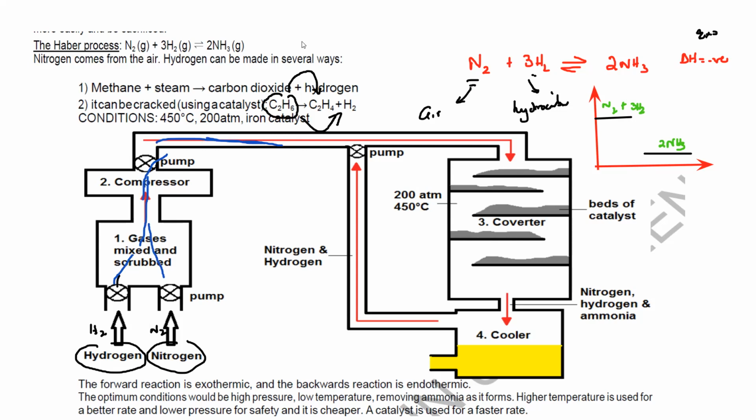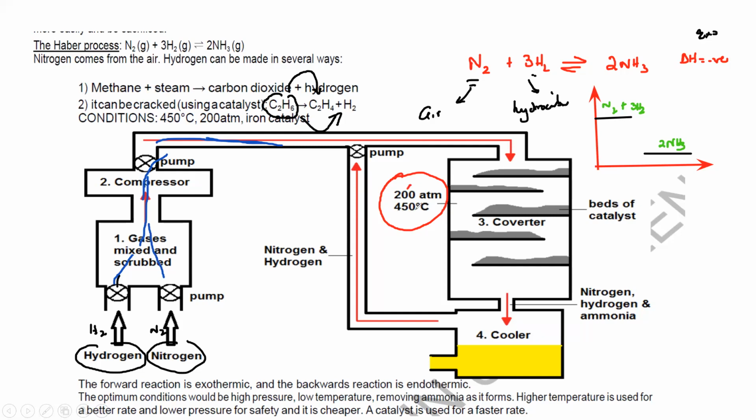The catalyst which we use for this reaction is iron. So when nitrogen and hydrogen are pumped into this chamber, they move over the catalyst. And what are the conditions? You have to learn these reaction conditions. The reaction condition is 200 atm, the pressure which we apply, and the temperature is around 450 degrees centigrade.